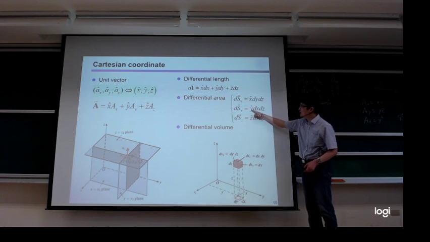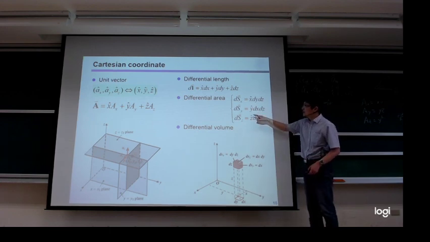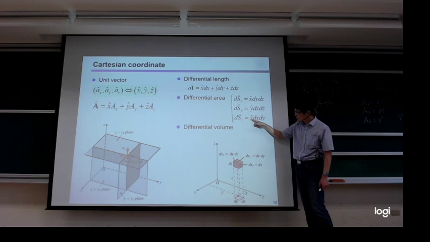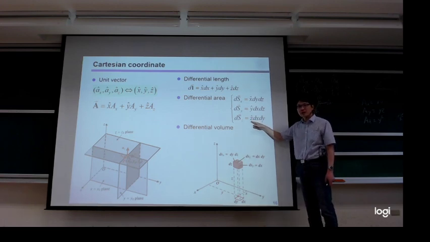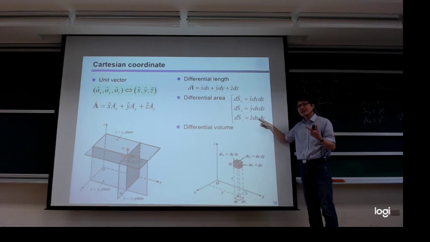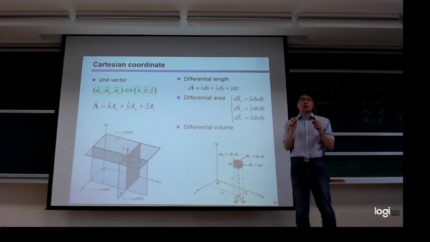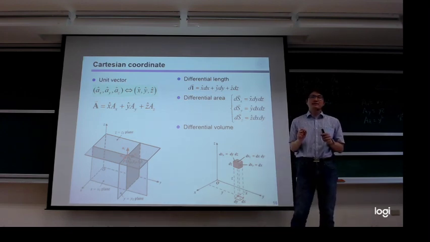So dx dz. If you have a square in the z direction, then its magnitude, the area, must be determined by dx times dy. Okay? This is a direct consequence of vector cross product that we mentioned last Wednesday.